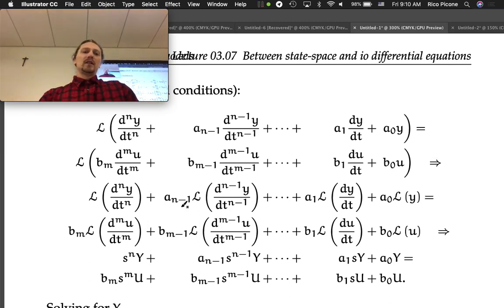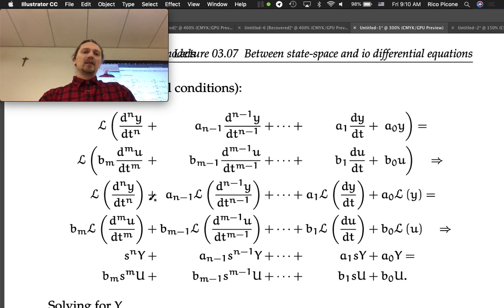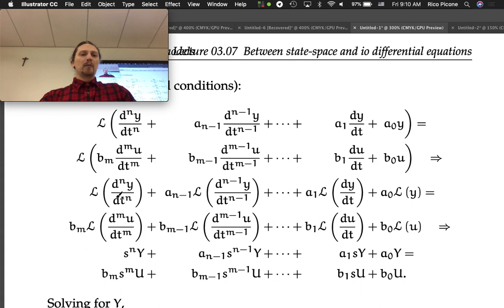So that implies that the Laplace transform, you may recall, can be distributed across the sum that's inside the parentheses. So the Laplace transform of the nth time derivative of y plus some constant. The constant can come out front. Remember, the Laplace transform has an integral definition, right?